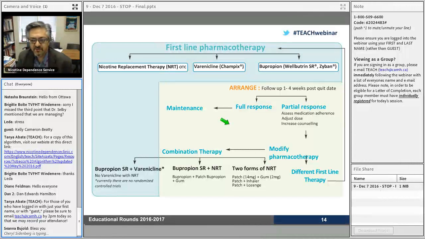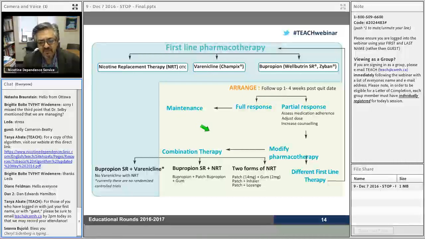So we do need to follow up people early rather than sending them on their way, because often they struggle, and that's often a reason why they stop their medications, because they believe it's not working. So if there's a way to do follow-up, it doesn't have to be an in-office visit. It can be done by phone, of course, unless they're coming up to pick up NRT or something.